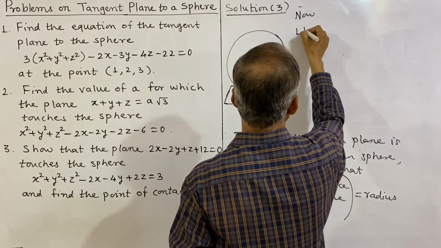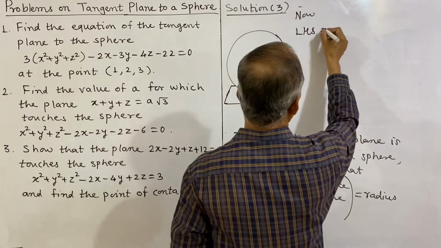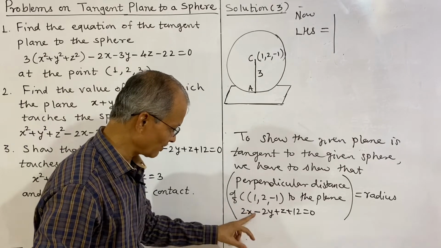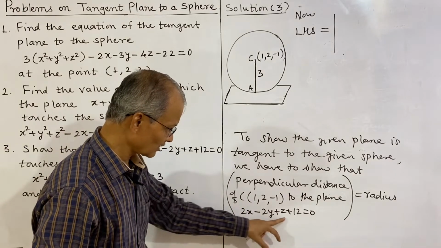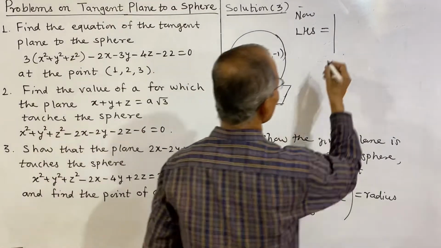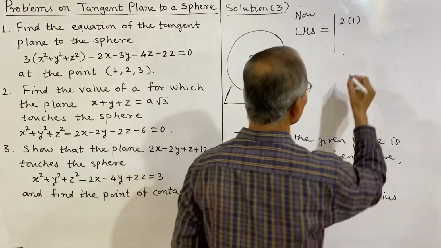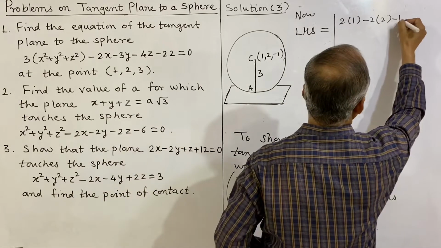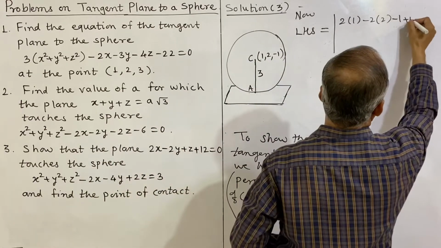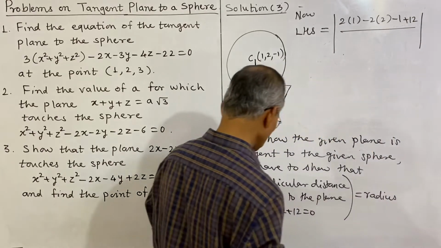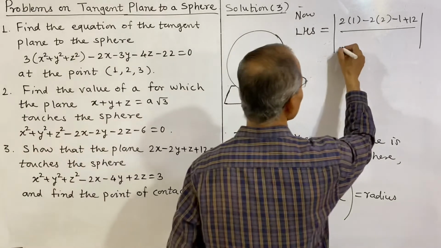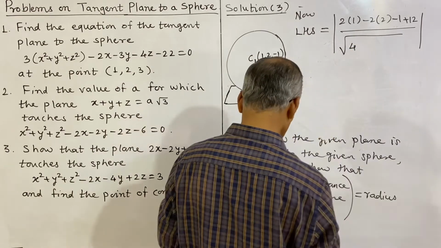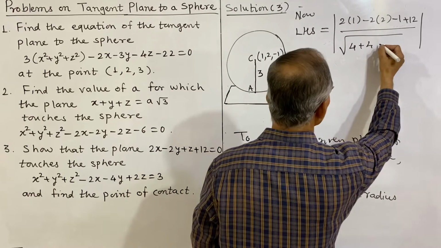the distance, and we put this point, the same formula we have used earlier, the distance between a point and a plane. The coordinates are 1, 2, minus 1, put into the equation of the plane, that is 2 into 1, then minus 2 into 2, and z is minus 1, and plus 12 as it is, divided by the under root of the sum of squares of the coefficients of x, y, z, that is 2 square, which is 4, minus 2 square, again 4, and 1 square, that is 1.